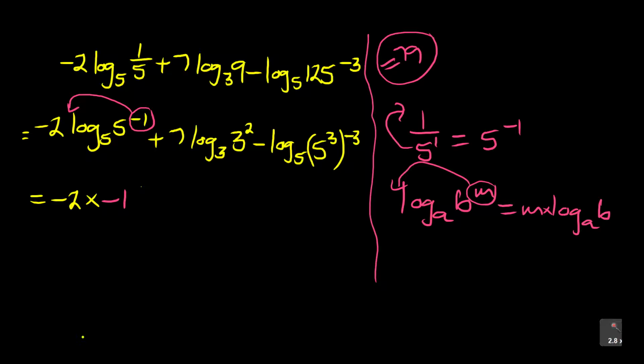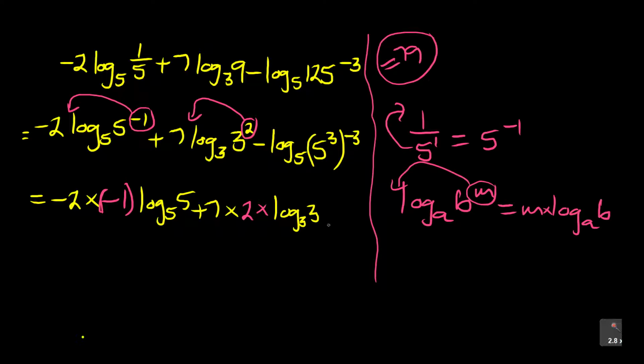And then you've got log 5 base 5. If you want, you can actually put it in brackets like this. Are you seeing that? And then again, you have got this 2, which you are going to drop down there, so that you have got plus 7 times, and then since you are bringing it 2 times, or you can put a bracket, and then you've got log 3 of 3. Are you seeing that?